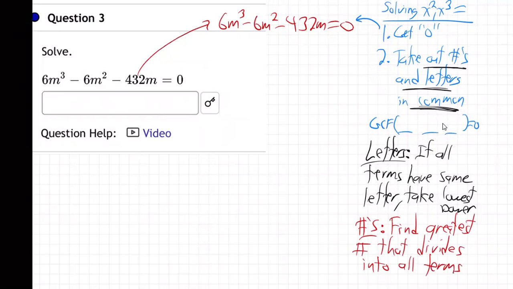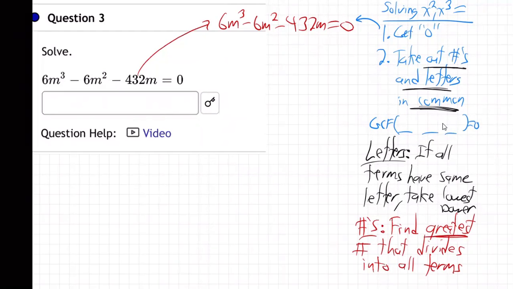What am I talking about? I think you can divide all these by 6. I know you can divide 6 by 6, obviously. Let's try 432. I'm going to use my calculator. I'm going to try 432 divided by 6. Yeah, it goes in evenly, 72 times. It went in perfectly 72 times. So that means 6 goes into all of those.